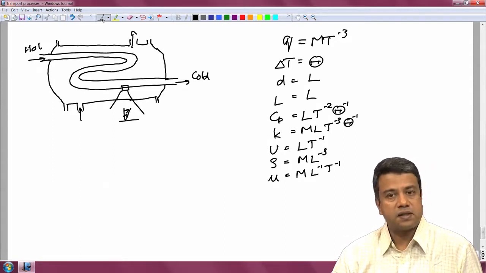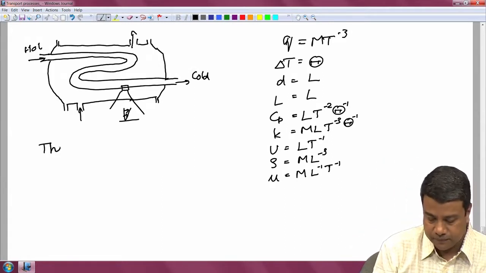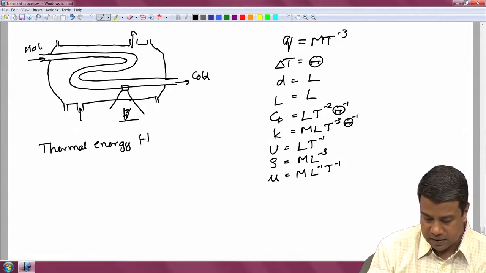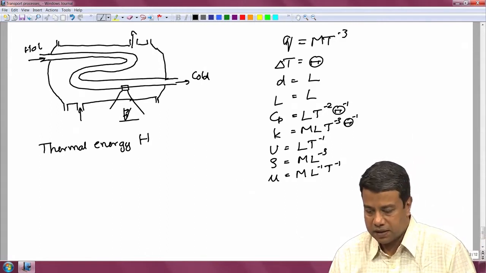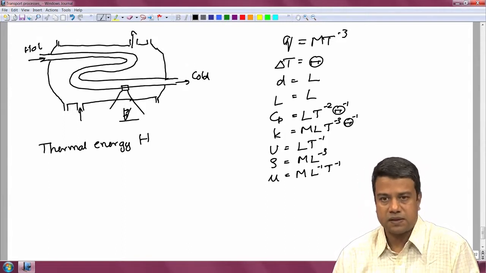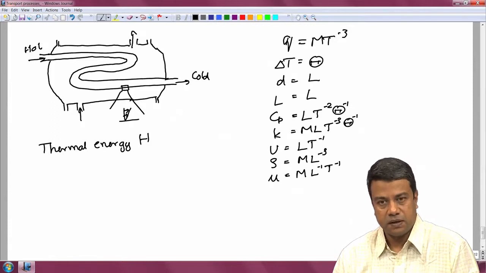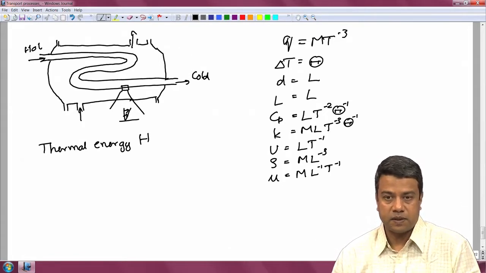So, let us write down another dimension for thermal energy as H. Then the thermal quantities, the heat flux, the specific heat and the thermal conductivity have now got to be expressed in terms of this thermal energy H. So, we are going one step beyond dimensional analysis and identifying another independent dimension.